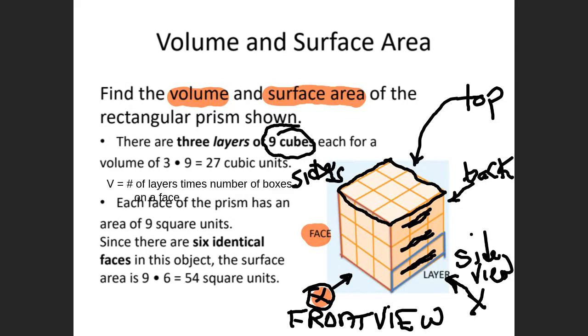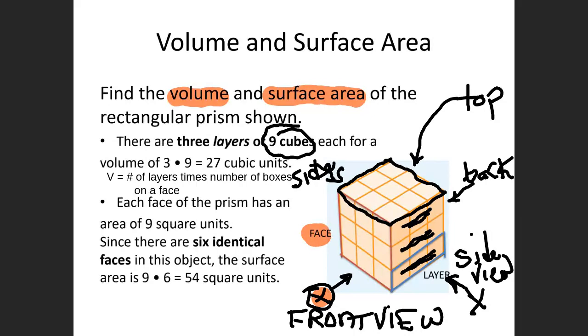That's what you've got to think of. This volume is going to be the number of layers, that's what the 3 is, times the number of boxes on a face. Pretty easy.